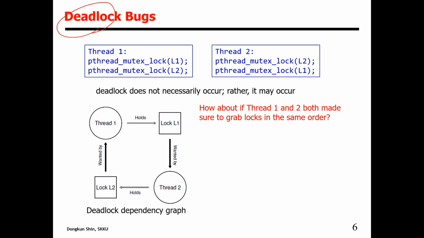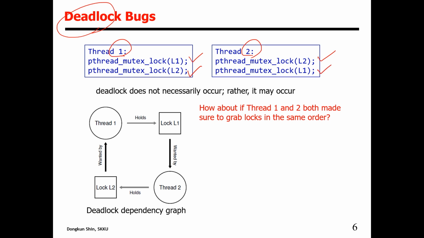So in this example, we have thread 1 and thread 2. Thread 1 has lock L1 and is holding it while waiting for another lock, and thread 2 has a lock and is waiting for another lock.